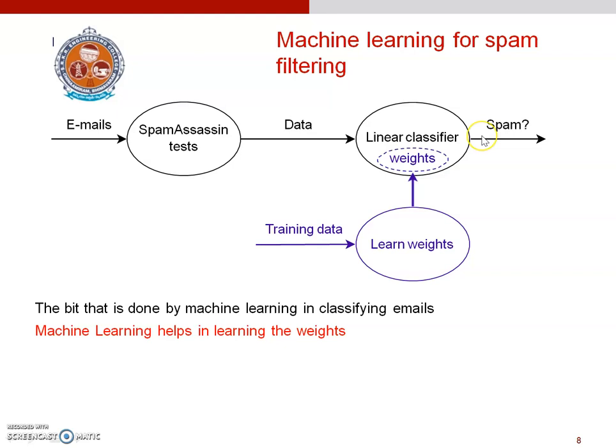This model can be used in future to classify whether any new email is spam or not. So the role of machine learning here is to learn the weights that are to be assigned to the different tests.